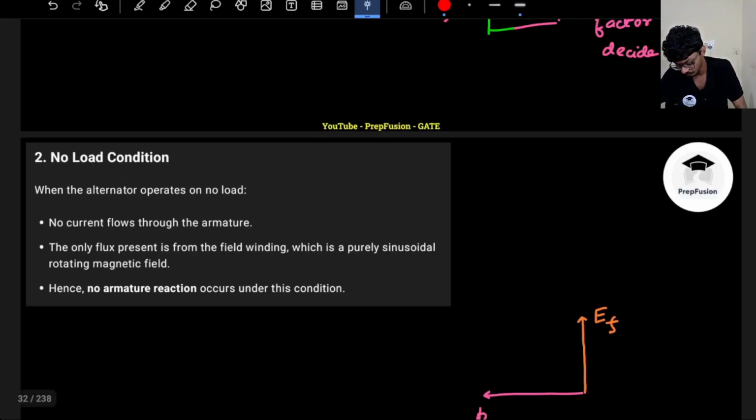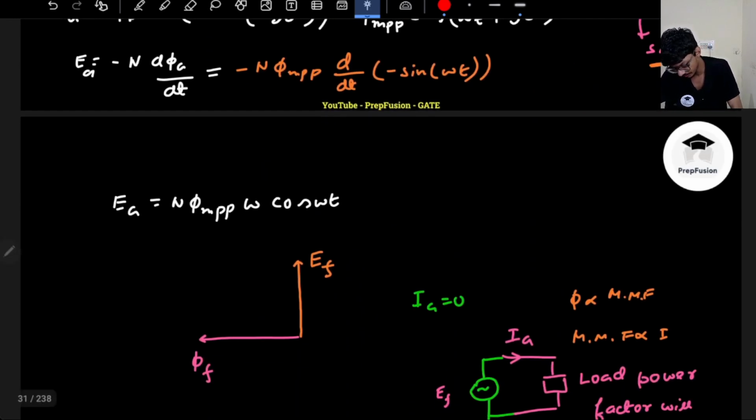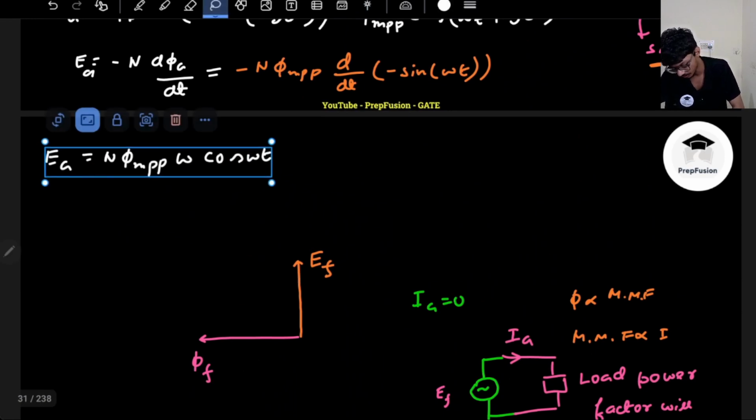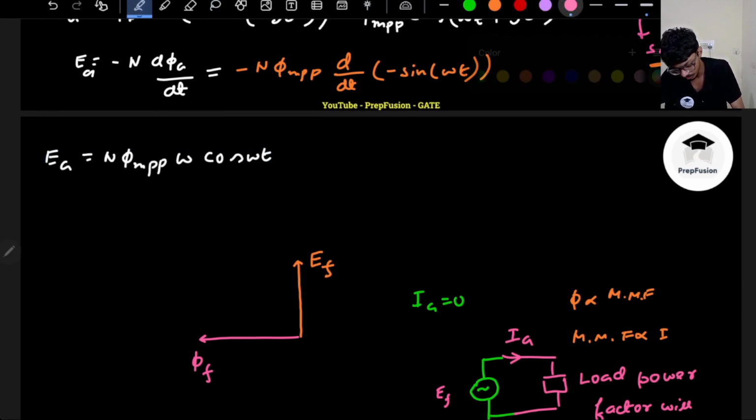Okay. And one more thing I forgot to tell you, that this was the induced EMF in the coil A. What will be the induced EMF in the coil B? The induced EMF in the coil B will just be 120 degrees phase apart. Okay. So as it is balanced, this will be the induced EMF in coil A dash.